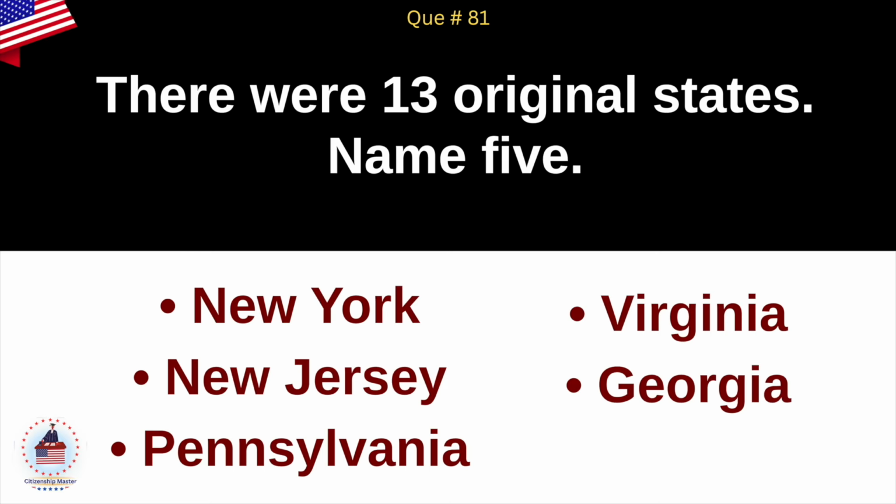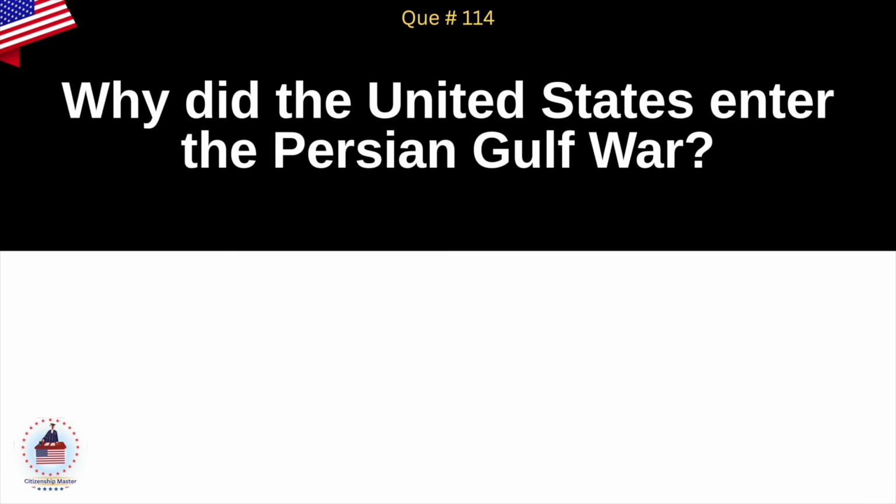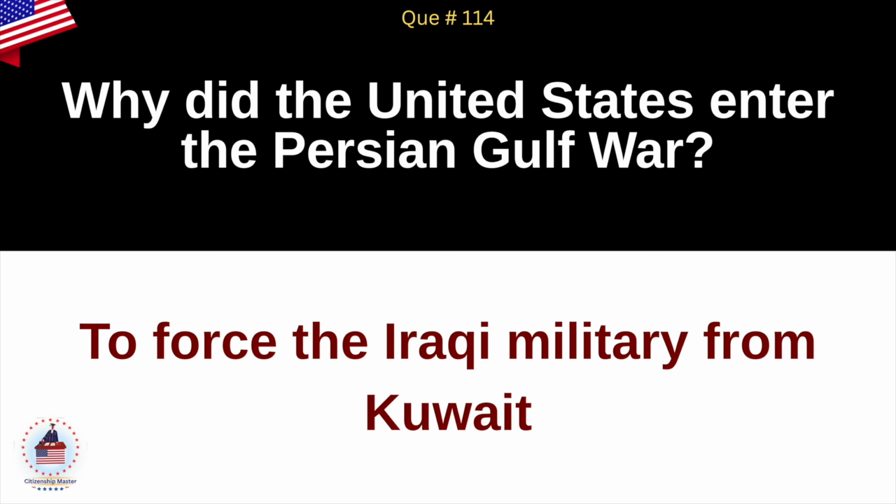New York, New Jersey, Pennsylvania, Virginia, Georgia. Why did the United States enter the Persian Gulf War? To force the Iraqi military from Kuwait.